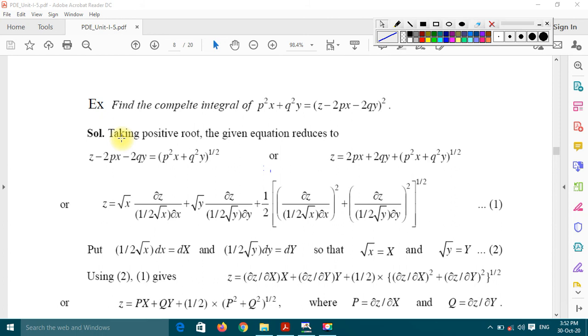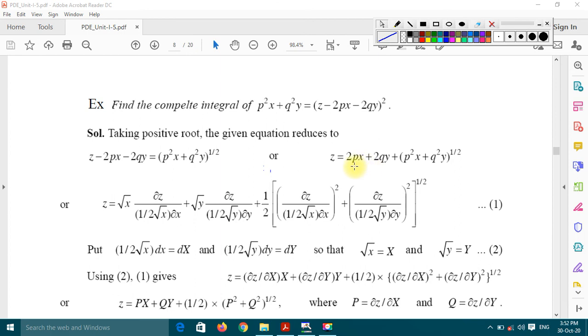So now we take the square root, so we get z minus 2px minus 2qy is equal to p square x plus q square y to the whole power 1 by 2. So z is 2px plus 2qy plus root over p square x plus q square y. Look at this equation. This equation looks like a Clairaut's form, but it is not exactly in the Clairaut's form. So we try to reduce this differential equation into the Clairaut's form.